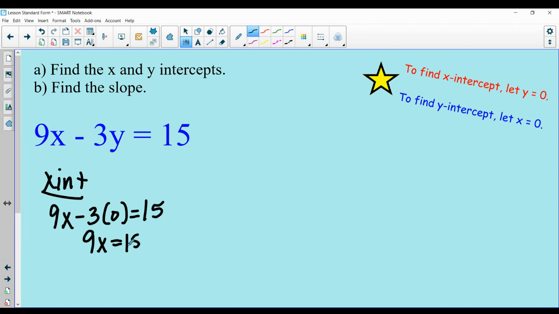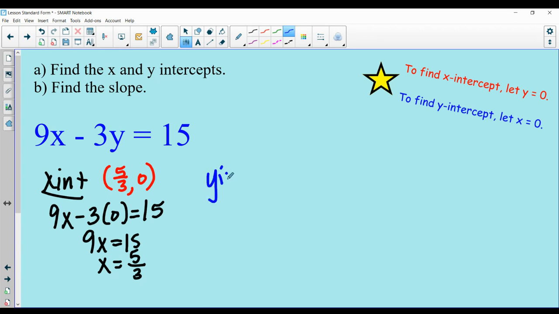And so we have the x-intercept, or we have x equals, if we reduce that, that's going to be 5 over 3. And because that is a repeating decimal, I'm going to leave it like this. So our x-intercept becomes 5 over 3, comma 0, because the x value when I solved was 5 over 3, and the y value was 0.